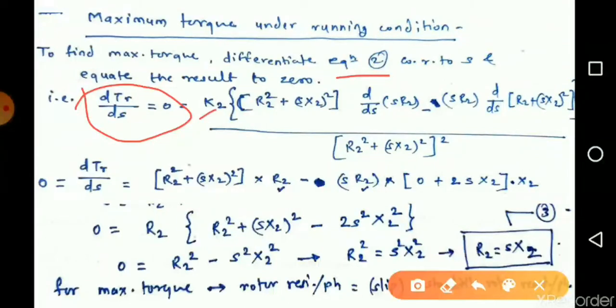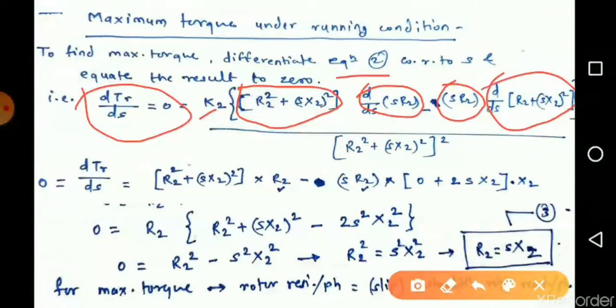K2 remains constant, and this is the denominator term multiplied by the derivative of the numerator term, minus the numerator term as it is times the derivative of the denominator term, divided by the square of the denominator term.